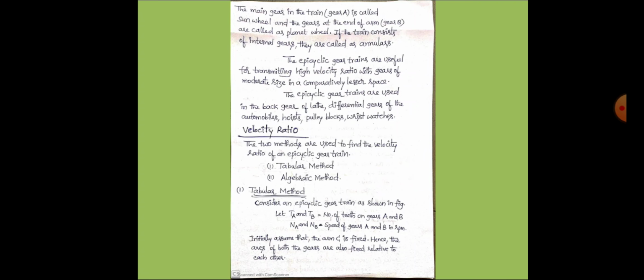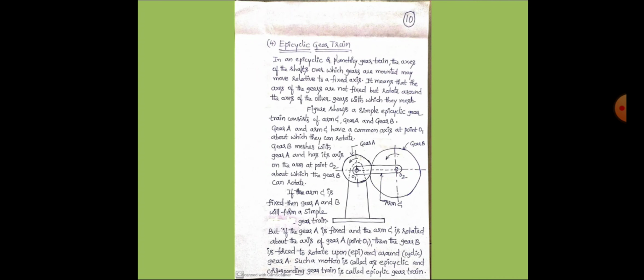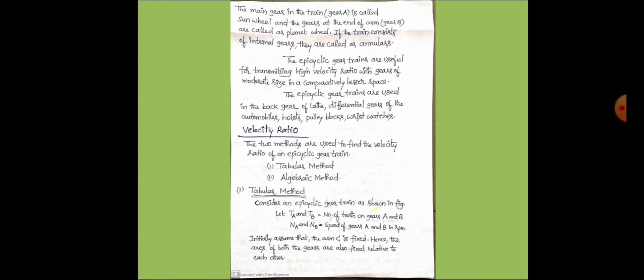And in the figure, as I said, there are three elements: two gears and the arm C, which is a link connecting the two gears. The main gear in the train, that is gear A, is called the sun wheel, and the gear at the end of the arm is called the planet. So in the figure, the main gear is gear A, which is the sun wheel, and gear B, which is at the other end of the arm, is the planet wheel.